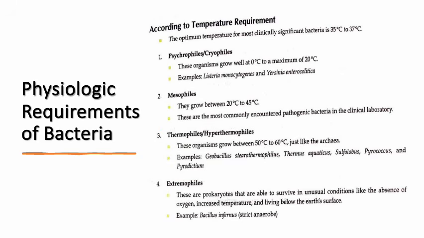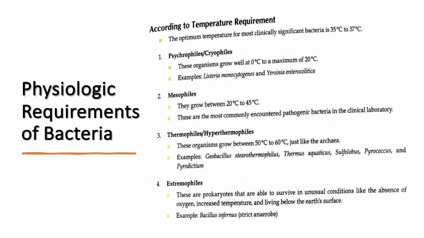Okay, let's now proceed to the physiologic requirements of bacteria according to temperature requirement. Okay? So again, temperature also influences the growth of your bacteria. In fact, microbes can be classified according to their optimal temperature for growth. Okay? So the optimum temperature for most clinically significant bacteria is 35 to 37 degrees Celsius.